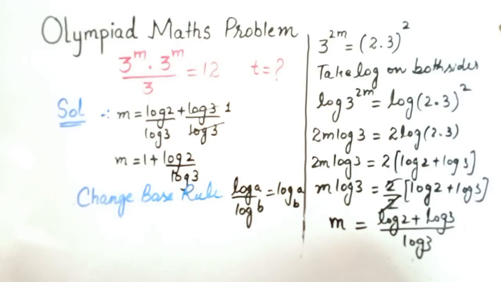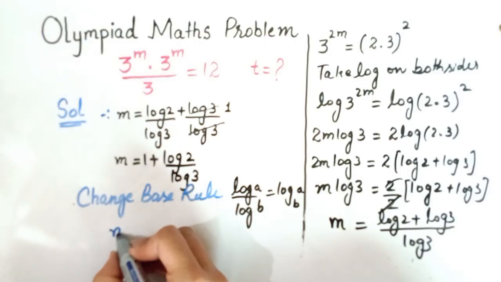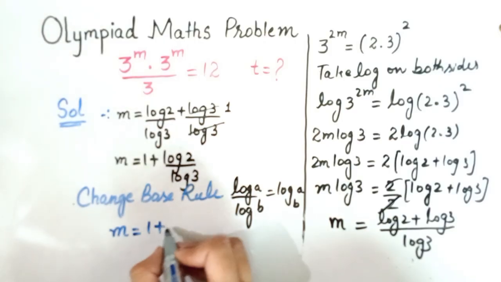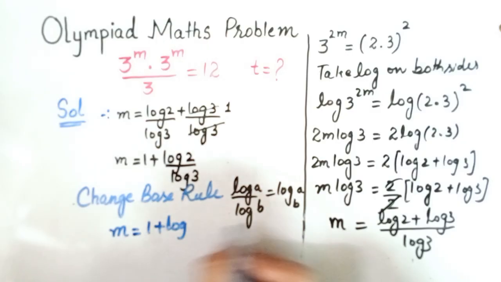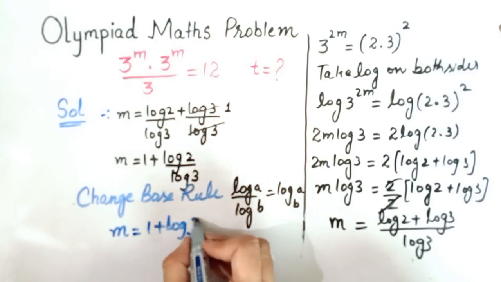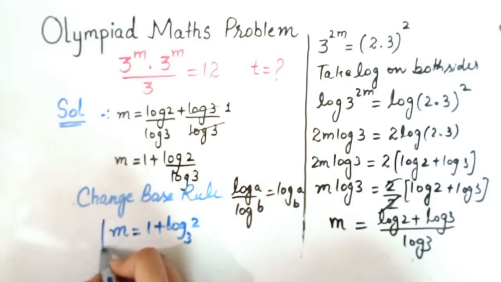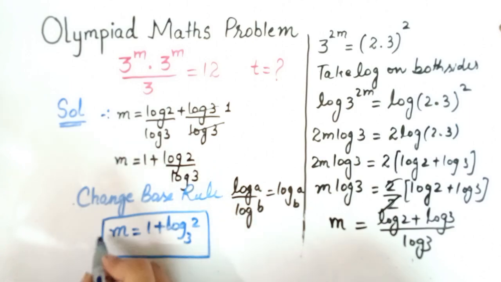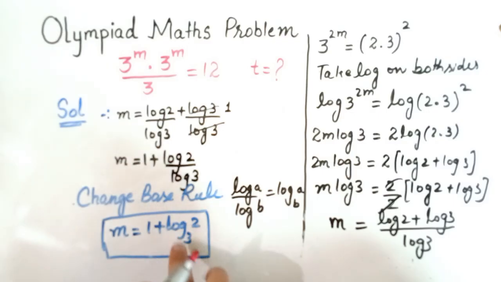So we will apply this rule here and get the value of m, that will be 1 plus log, base 3 and 2. So this will be the answer, that m equals 1 plus log base 3 of 2.